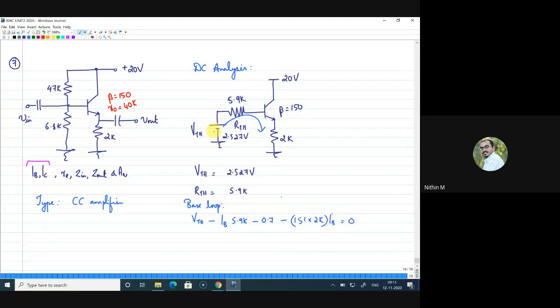Let me just mark the polarity. This will give you the value of IB.